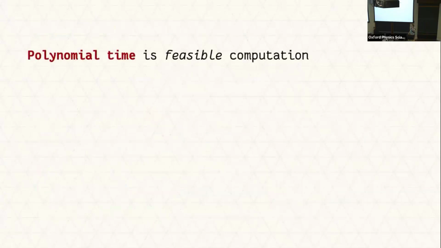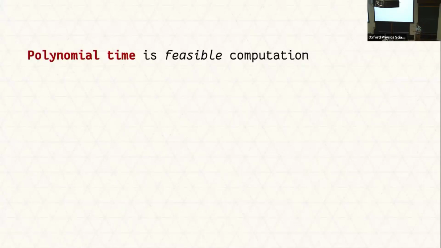So I just want to step back to say what polynomial time is, and then how we can build a type system to do this. Polynomial time is meant to be some axiomatization of what is feasible computation. What does it mean to have something that's going to run in a reasonable amount of time? When you look at the definition, this doesn't seem very reasonable because, okay, maybe it's n to the 1,000, and that's not going to be very feasible.